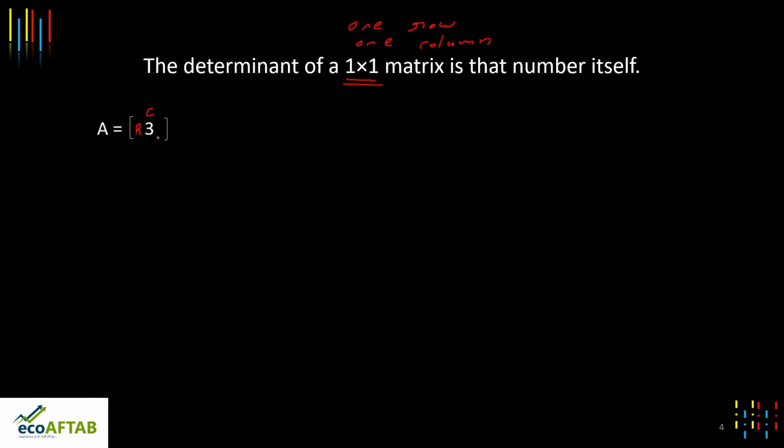So the determinant of this particular matrix is the number itself, that is determinant of 3 is 3. Similarly, determinant of -5, what it will be? Determinant of -5, yes, it is going to be the same number, that is it is going to be -5. So this is very simple with regard to 1 by 1 matrix.